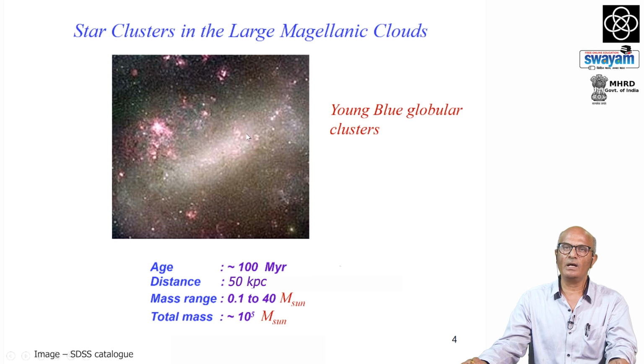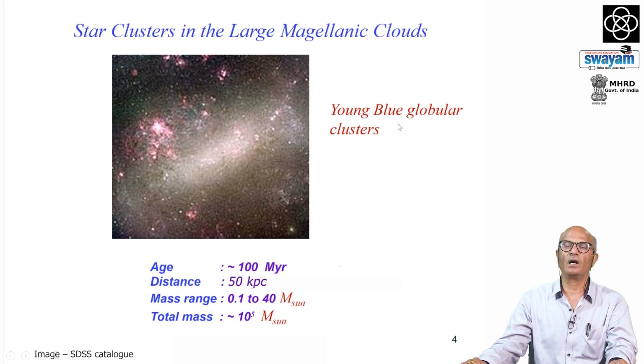And a high resolution picture of this taken with HST clearly shows that they are young, with integrated light blue. So, shape wise they look like our old globular clusters, but age wise they are like galactic open clusters.